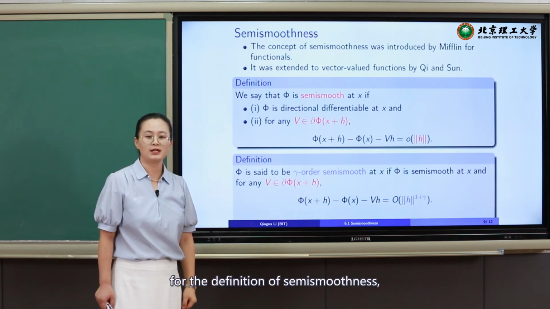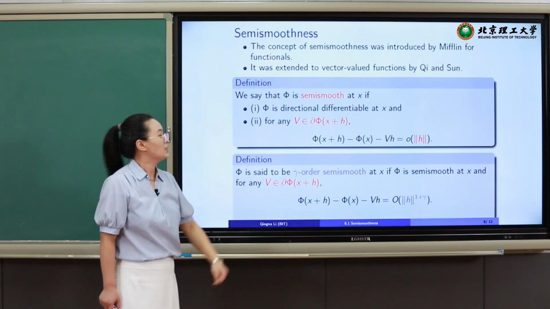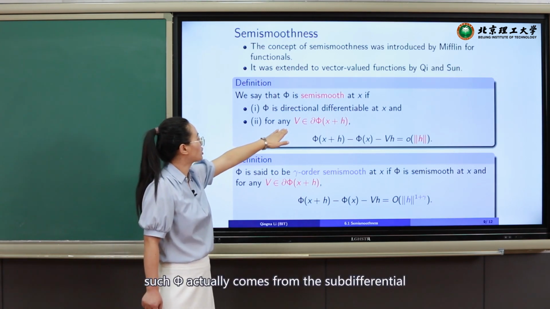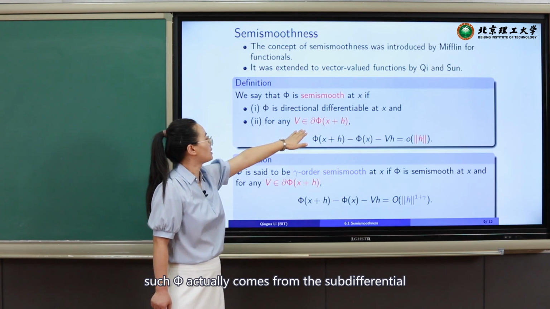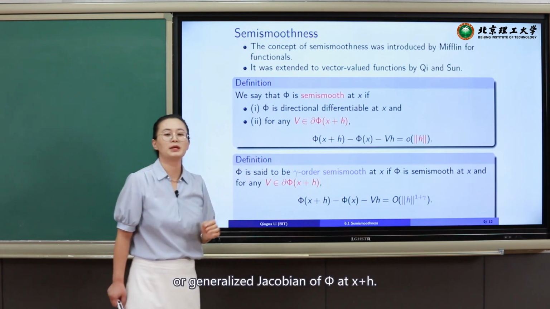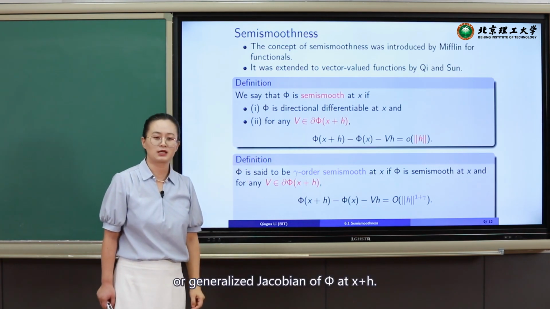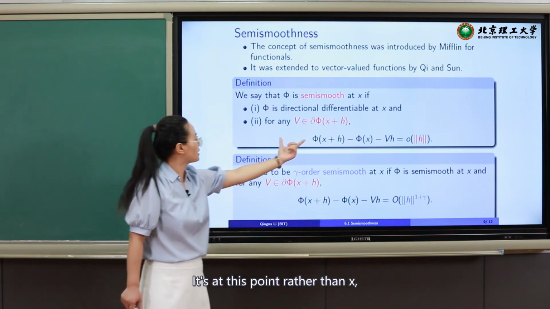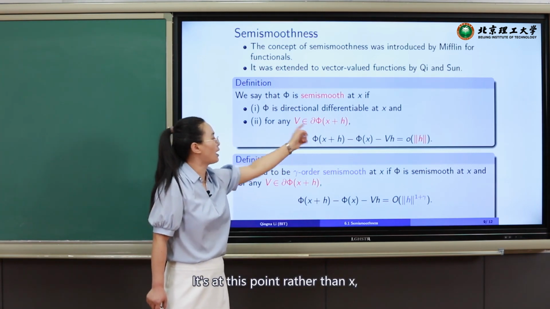However, in the definition of semi-smoothness, V comes from the generalized Jacobian of phi at x plus h, so at this point rather than x.